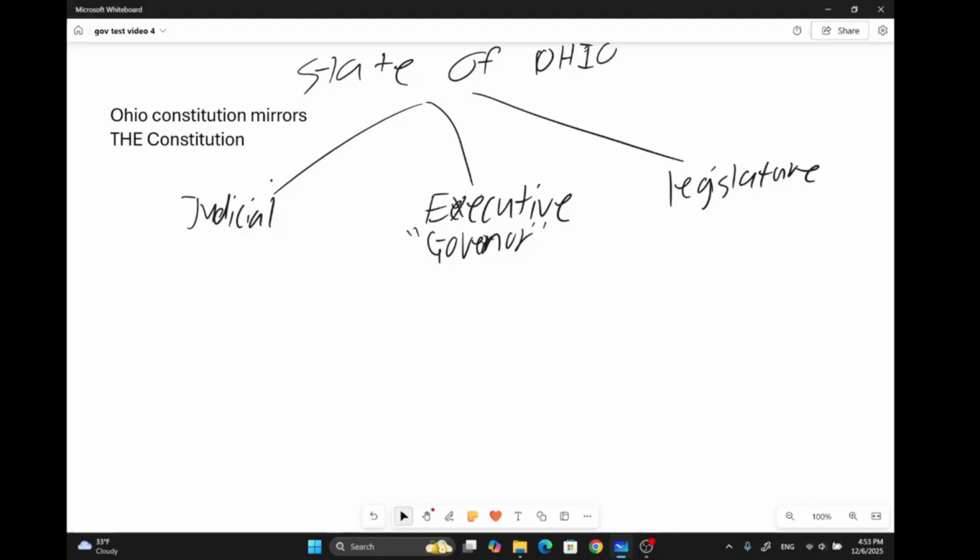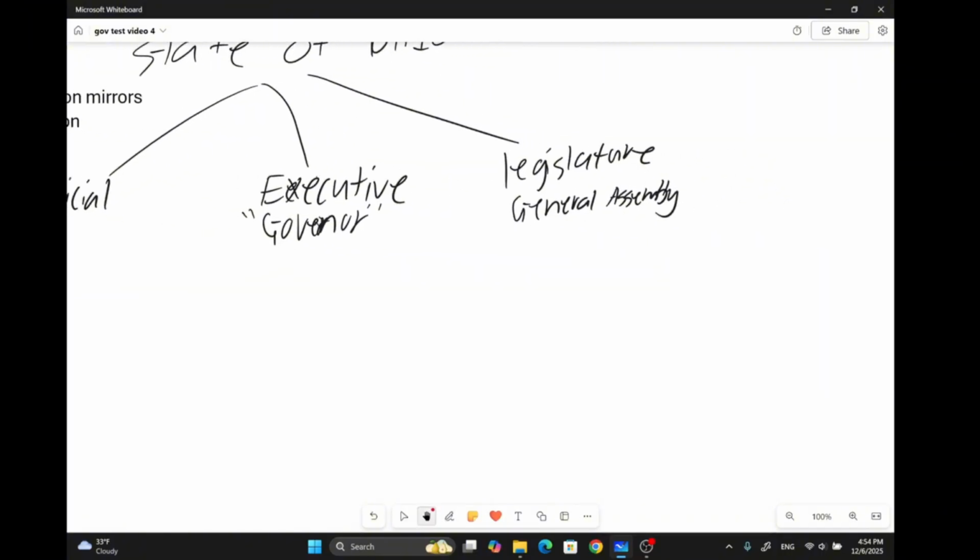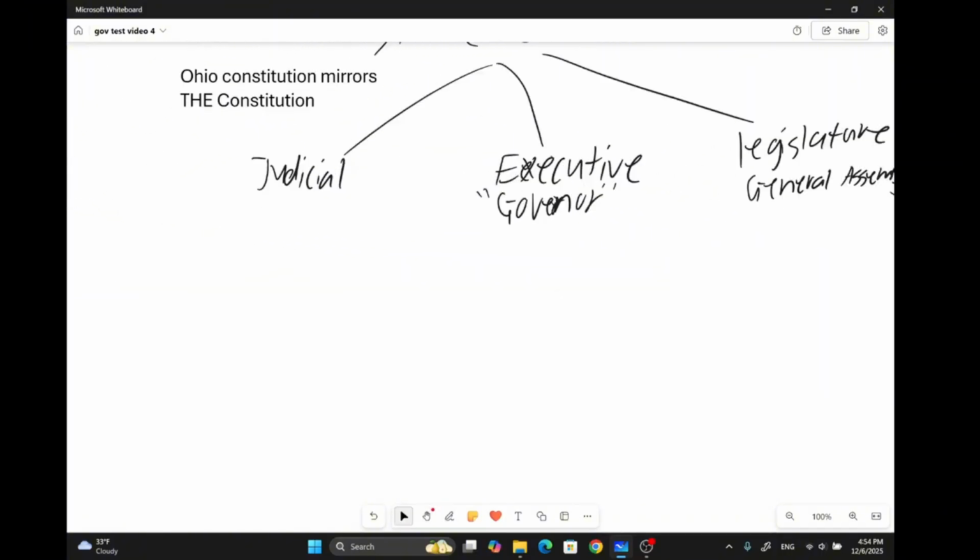It's the governor, which is currently Mike DeWine. And the legislature is called the General Assembly. And then the judicial, same thing, but it's called the Ohio Supreme Court.